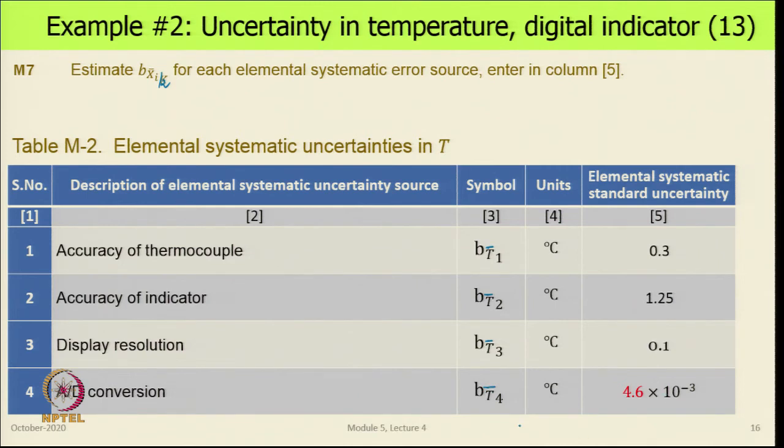So, we got all the things in one go, and just by looking at it, now we start seeing some interesting things, that this value is 0.0046, much less than any of these three. So, A to D conversion, we could even say that I can neglect this.